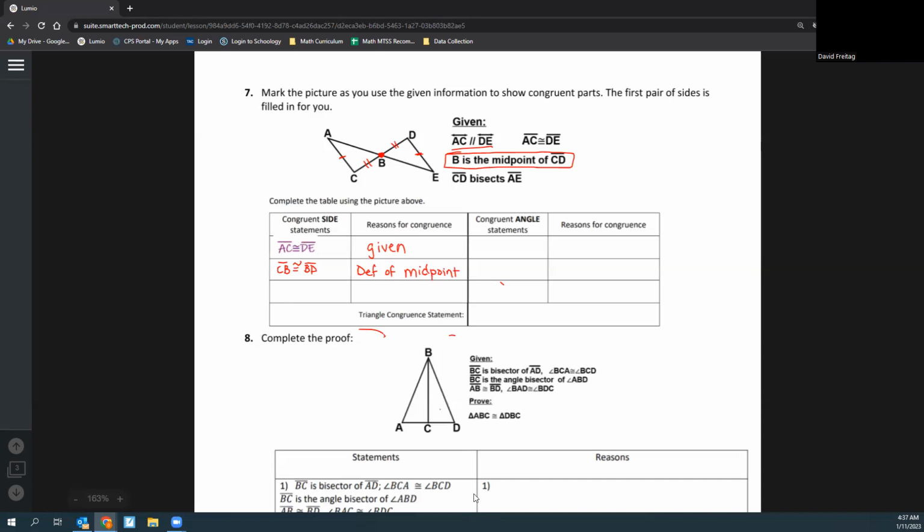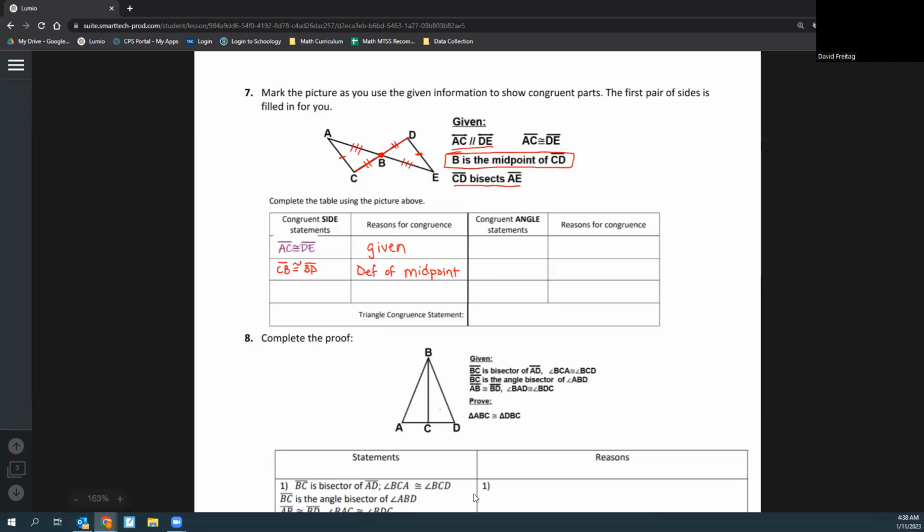Then we look at the last one. CD bisects AE. CD bisects AE, which means that CD, this line right here, cuts AE in half, which means that those pieces should be the same.